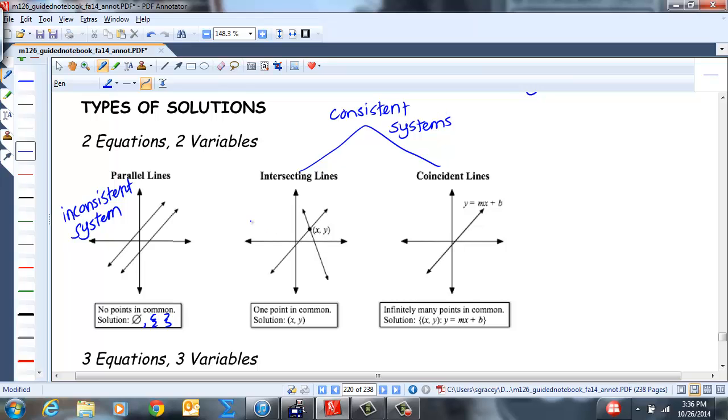This one right over here has independent equations, because they're two different equations. But this one, a coincident line, also called collinear. I think it's all one word.